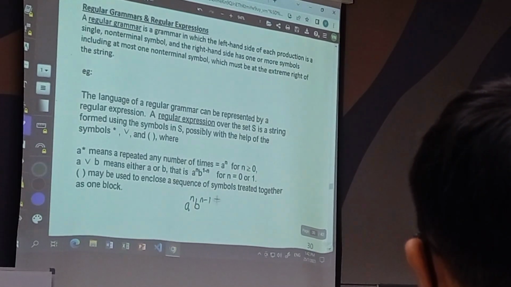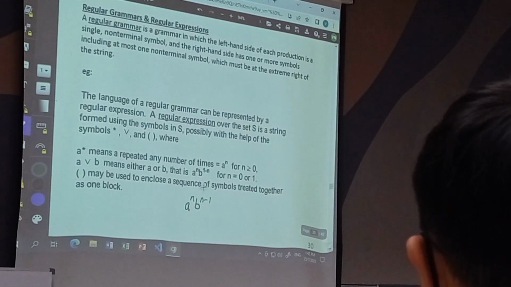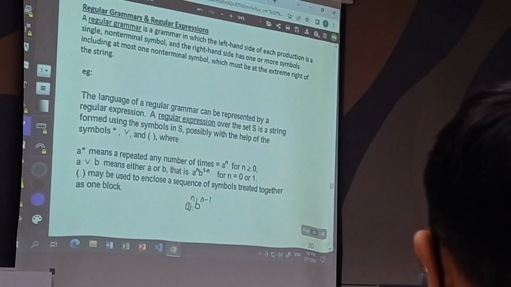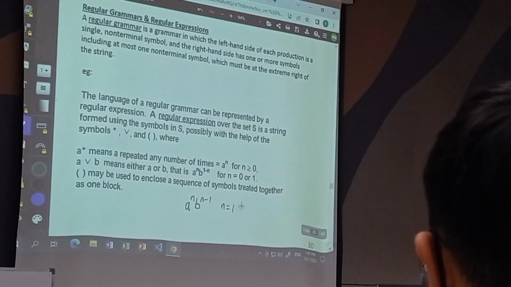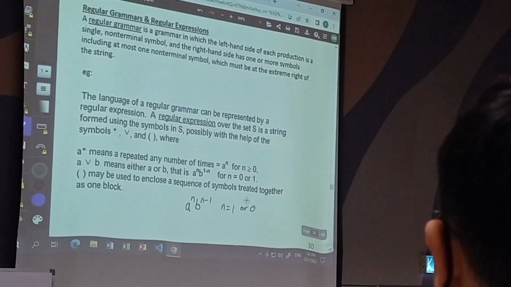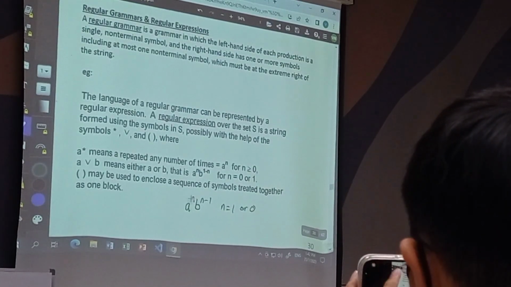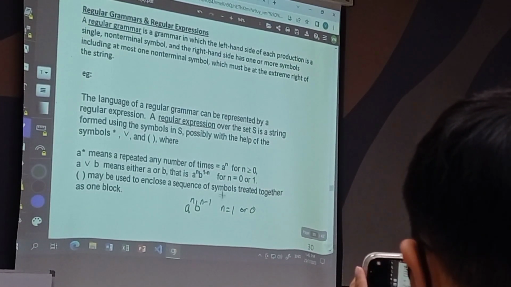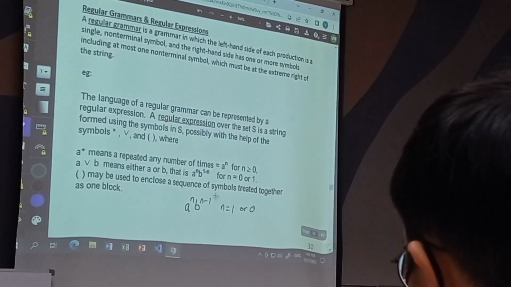This one you need to define what is your n. If you have A, then your n is 1. If you don't want to put A or B, you just want to put A, B like this, then if the answer is A, you put the n equal to 1 or 0, it depends on whether you choose A or B. Because if your n is 1, that means you have A, you don't have B. If your n is 0, then you have B, but you don't have A.